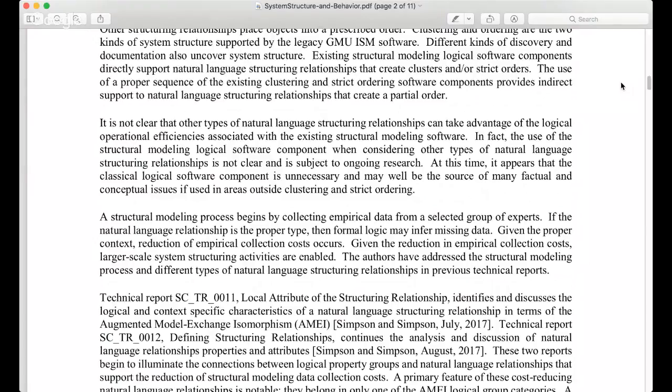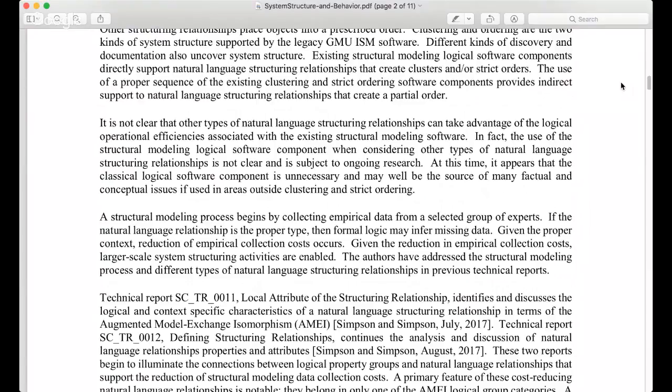So we developed the AMEI, which was the 27 combinations of the 3 logical operators. To look at those and say, well, okay, let's evaluate and classify different natural language concepts and see how they relate to these groups, these logical groups.